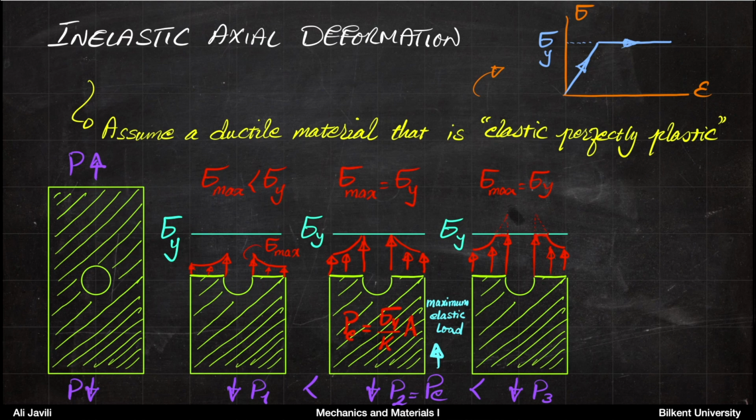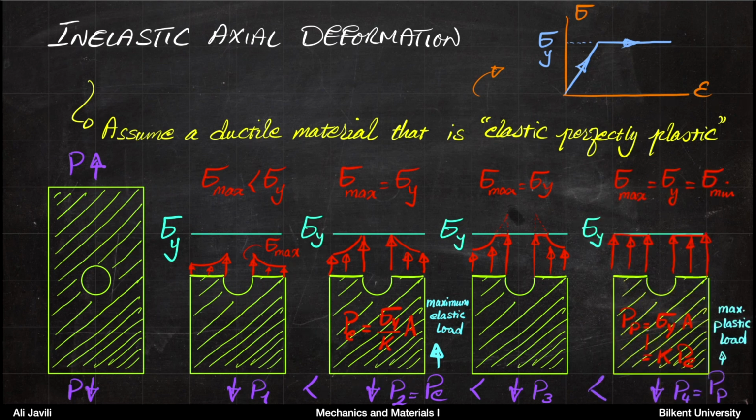This is an intermediate step until you reach the upper limit, where the whole stress distribution is just uniform and is yield stress. In this case, sigma max equals sigma yield and equals sigma mean.